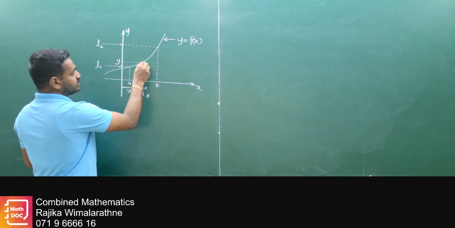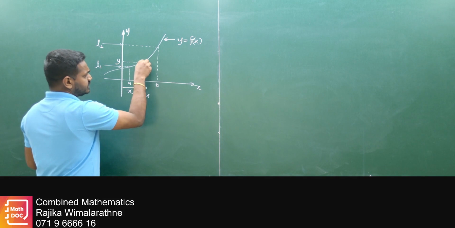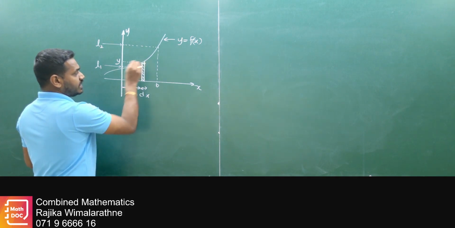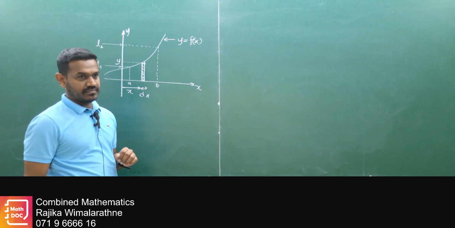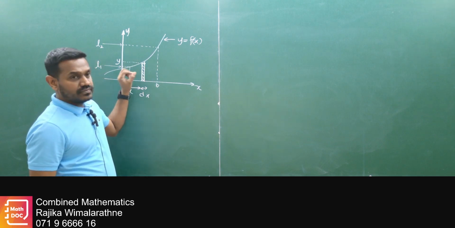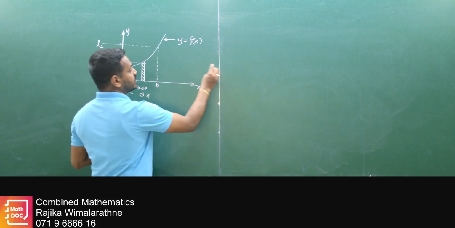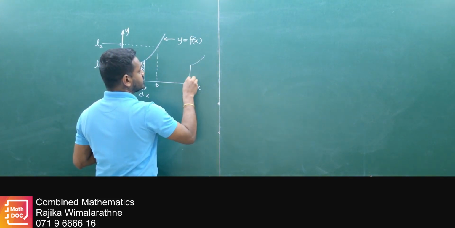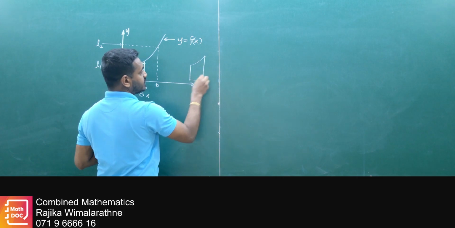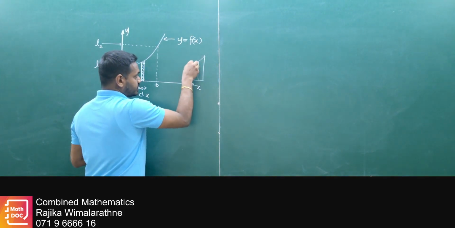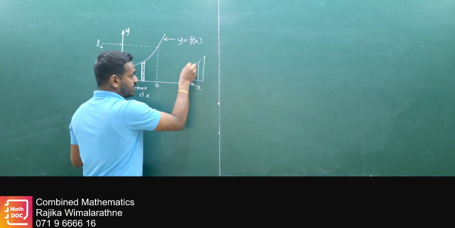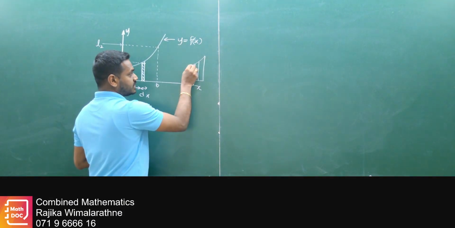Now, when you consider this tiny part, it is like a trapezium. But if you zoom in, we can split it again into smaller parts, and each tiny part is again like a trapezium.